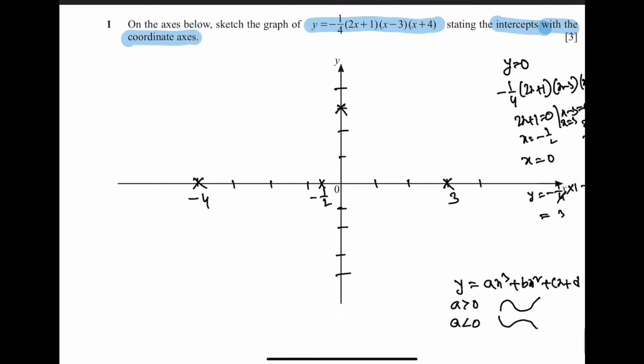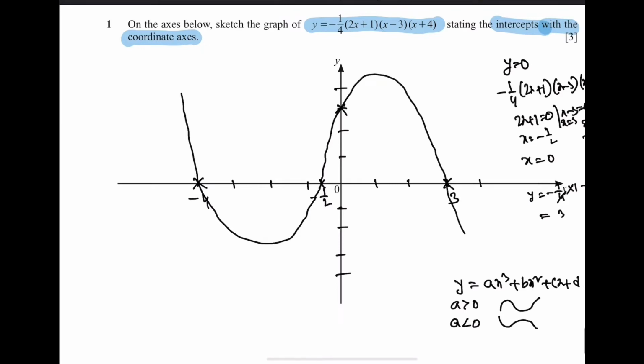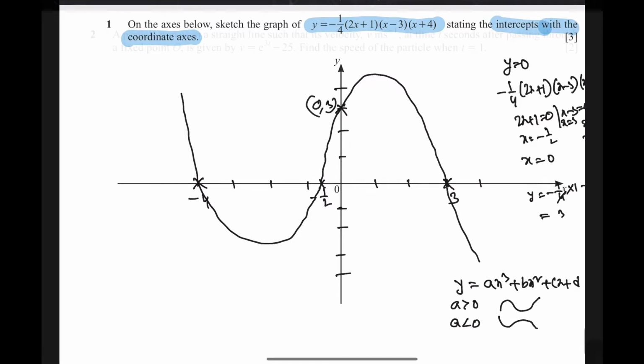Let us draw the graph now. Okay, this is the graph. This is the sketch for this graph, and these are all the points on the axes. So let me write this one as (0, 3).